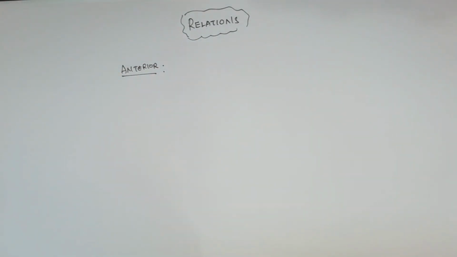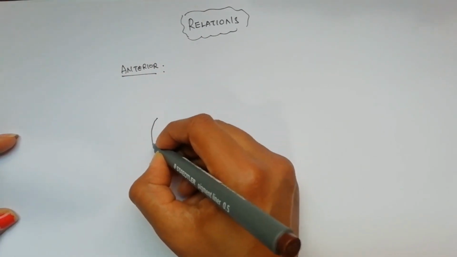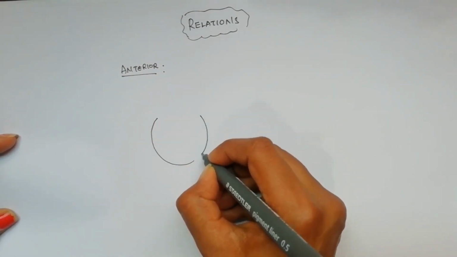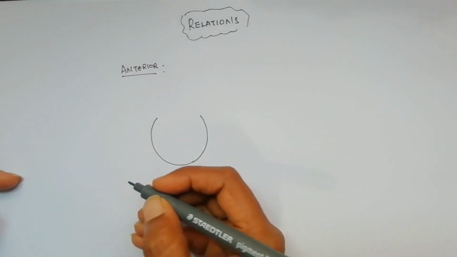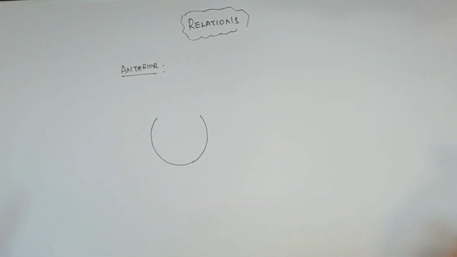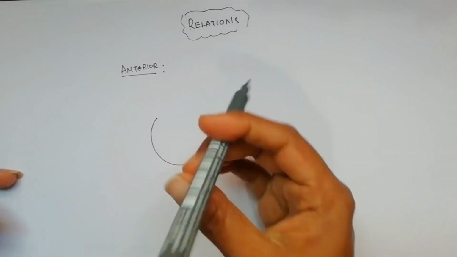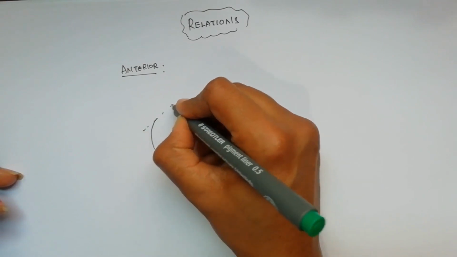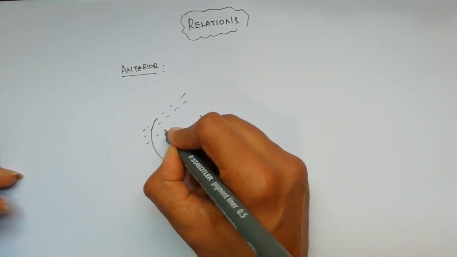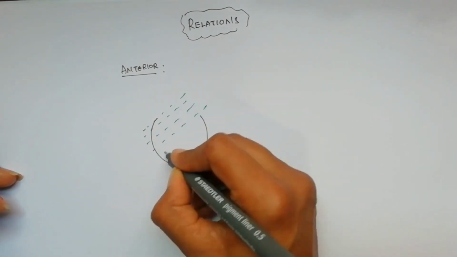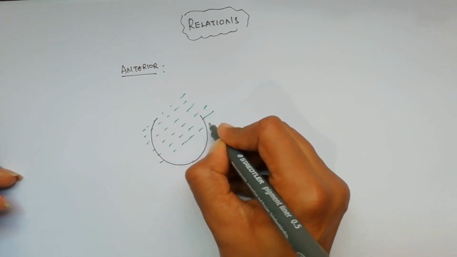Talking about the anterior relation, the cecum anteriorly is related to the anterior abdominal wall, and then we have got our greater omentum placed in the anterior aspect.